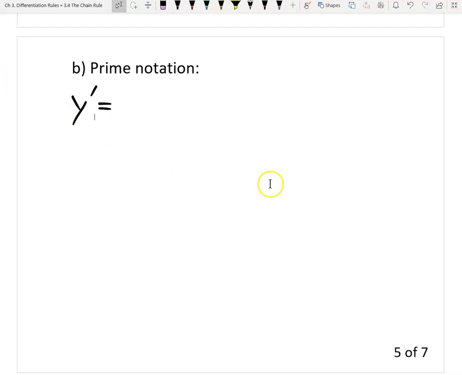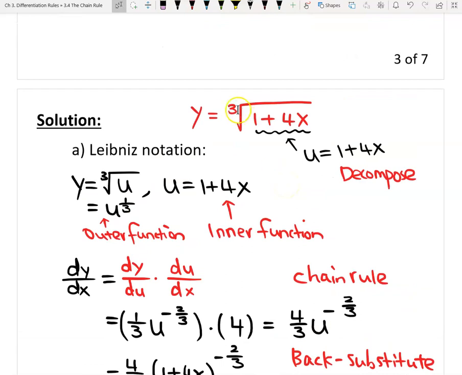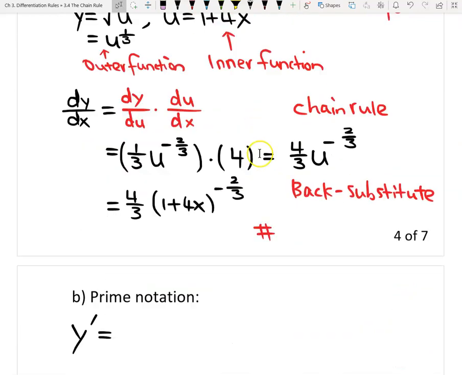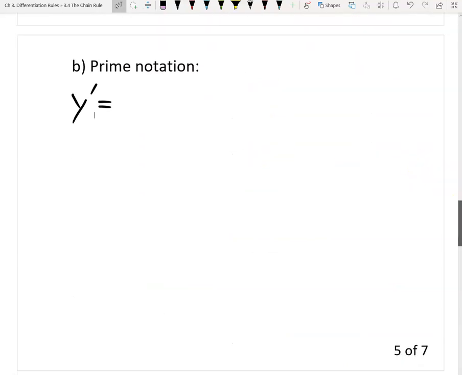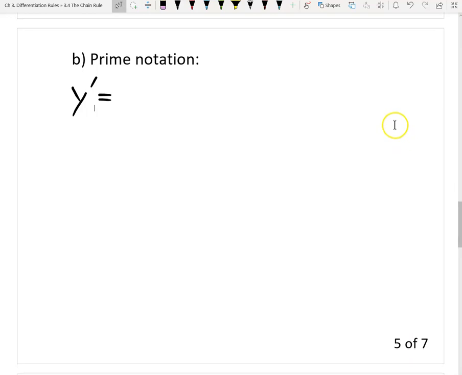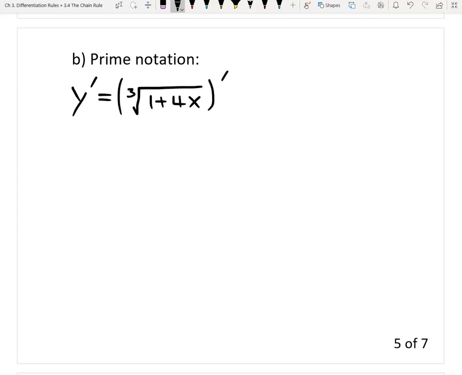If you forget, it's here. This is y. I copy all these functions down here because we need to use that. So here is the cube root of 1 plus 4x. This is the y, and put the parentheses.